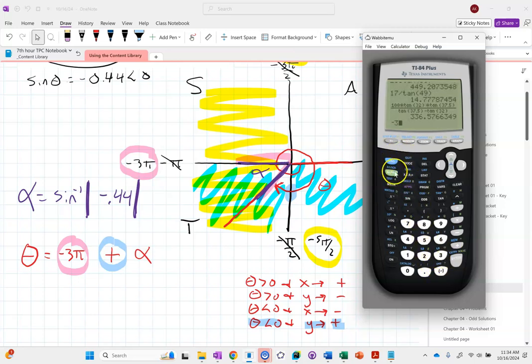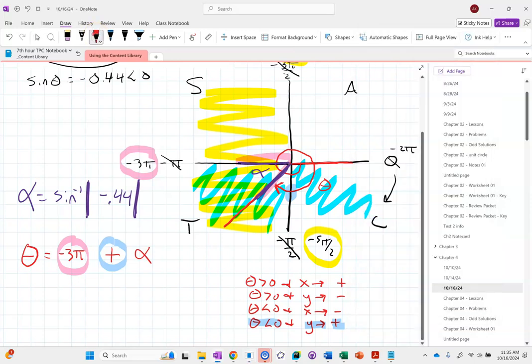Then negative 3 pi plus sine inverse of the absolute value of negative 0.44. But I'm just going to do the absolute value in my head because it's a lot of menus to step through to get the absolute value on the calculator. So I get negative 8.97.